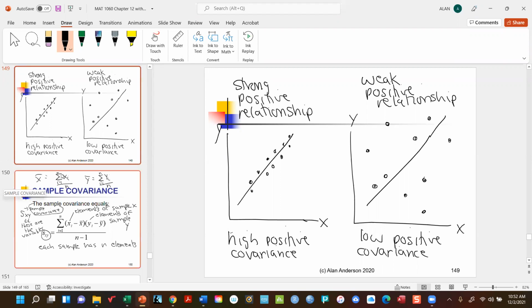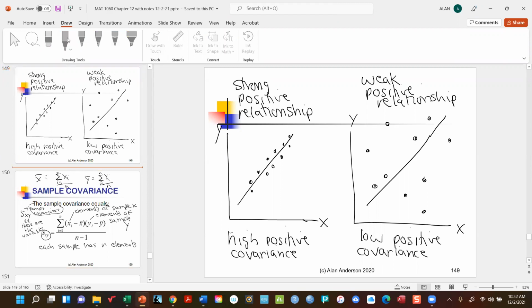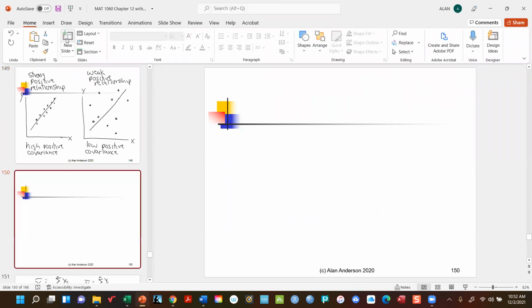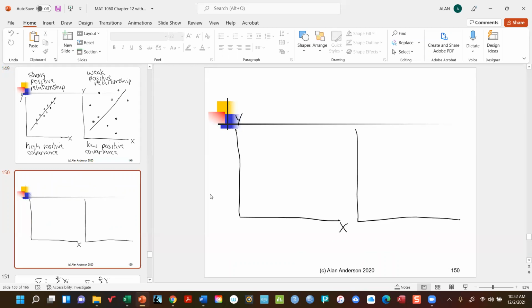Okay, so now this can work in the negative direction too. And again, let me show you a couple of graphs that illustrate this. How about these two? This would, of course, be a strong negative relationship.